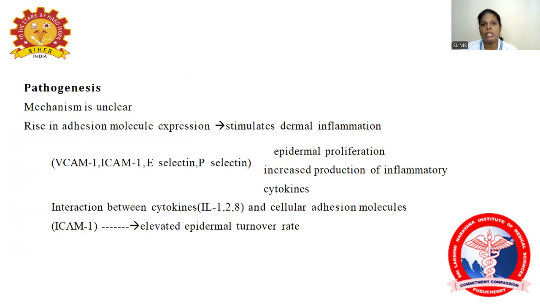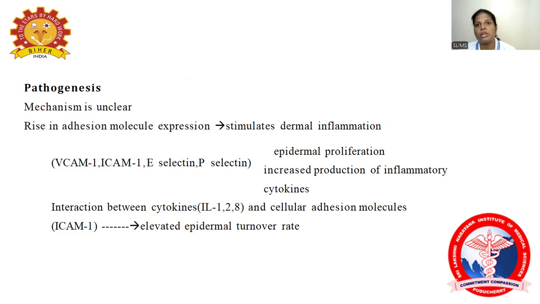So, what is the pathogenesis of erythroderma? There will be an increase in the expression of adhesion molecules like vascular cell adhesion molecule and intercellular adhesion molecule. These two molecules increase epidermal proliferation, dermal inflammation, and release of cytokines.